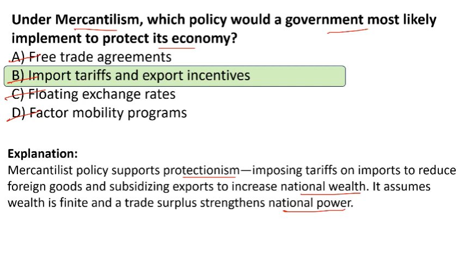What is the government doing? They are imposing tariffs on imports, so imports will be reduced and foreign goods will come less into the domestic market, right? And the exports will be increasing. So when the exports are increasing, obviously your wealth will be increasing, correct? That is how countries increase their wealth. Clear?